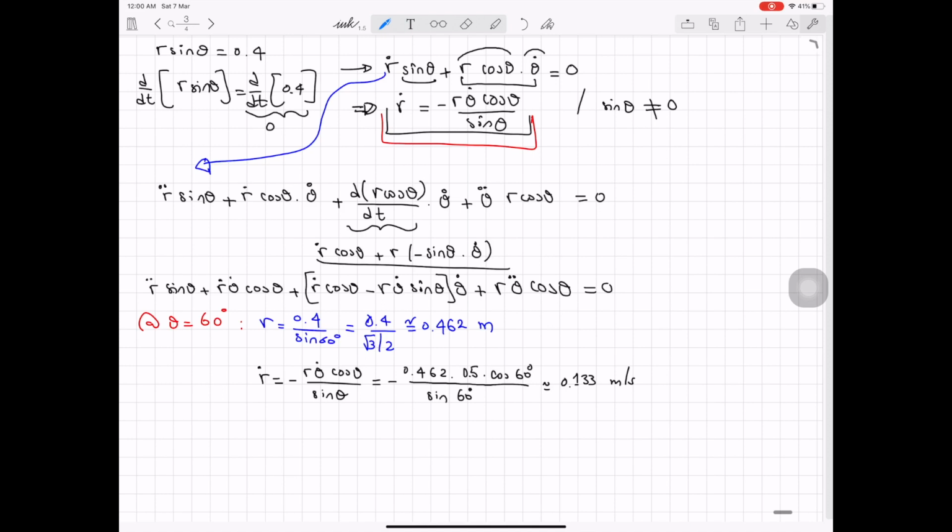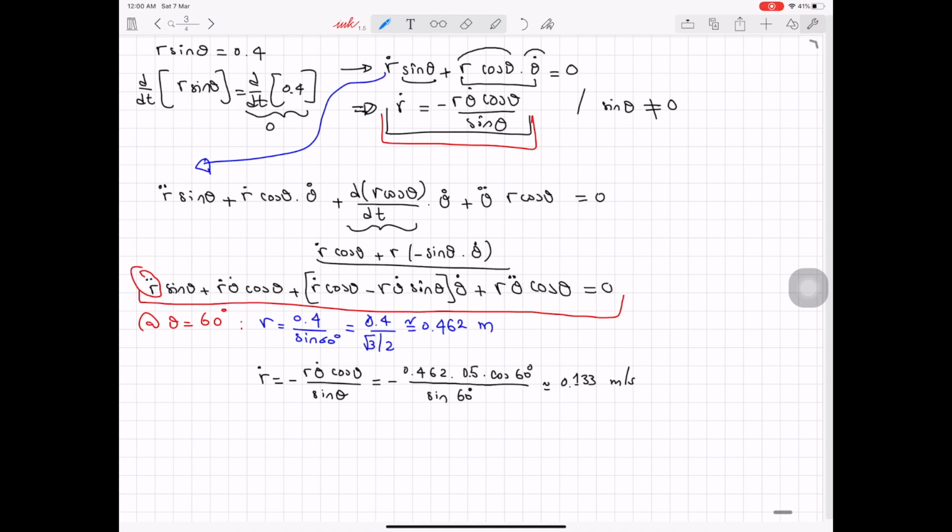Now the acceleration can be calculated from which equation? From this equation. You just take r double dot, leave it on the left hand side of the equation and take everything to the right hand side.